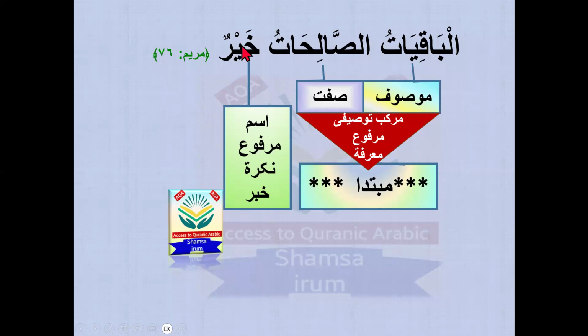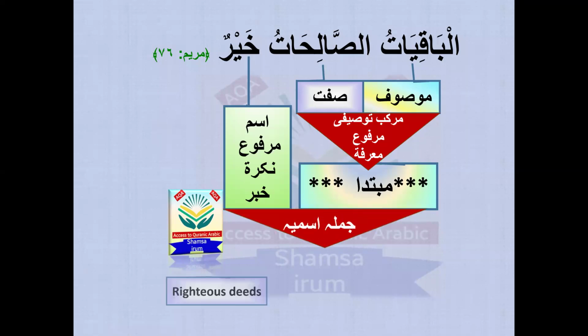Whenever this word is used as a khabar, it is beyond any gender and number. So look, the mubtada is feminine and plural, but the khairun is used as singular masculine. So this word can come with any gender, with any number. Okay, so mubtada and khabar, jumla ismiya, complete now.